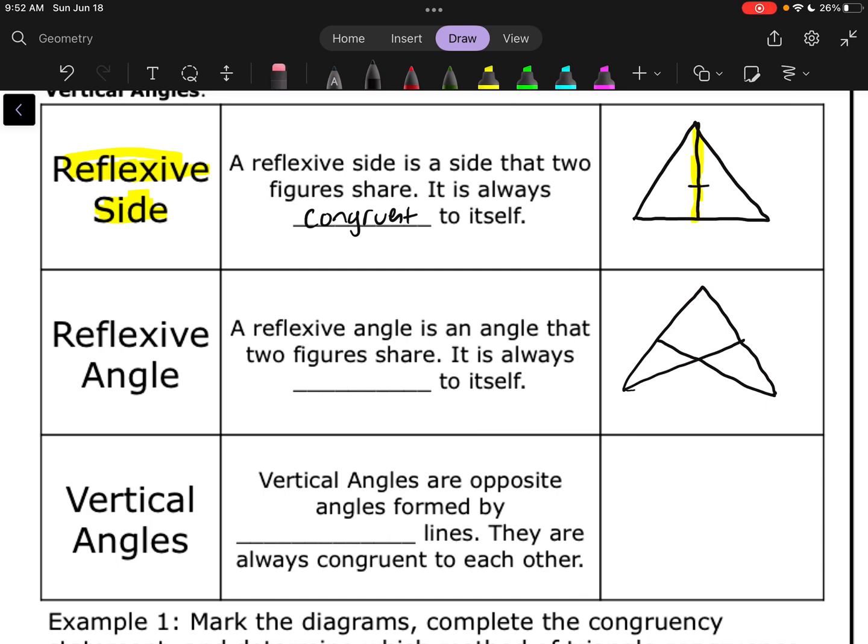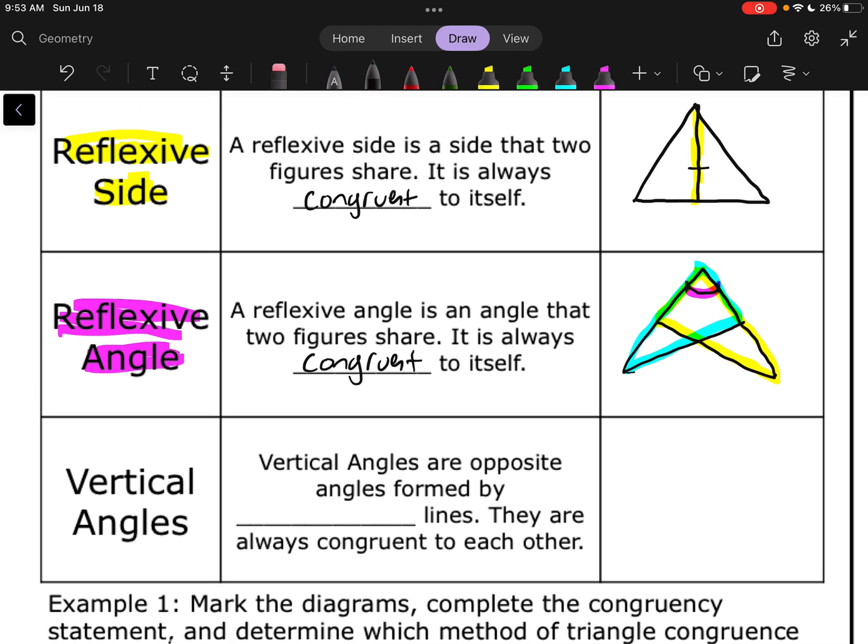If I've got these 2 triangles, like a yellow triangle here and a blue triangle here, you're going to notice that up at the top, they both share this angle. That is a reflexive angle. That is an angle that they both share, and it's always going to be congruent to itself. So we get to mark that if we see it.